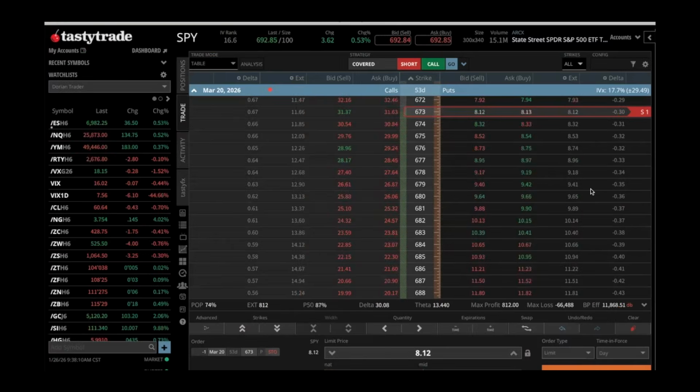You have to own it at 673, but your cost basis is going to be 664. So you don't technically start losing until it drops around 664, but you have to buy it at 673. If it doesn't drop below 673, you're going to be able to keep over $800. Just say $800 here over this 53-day time frame. You're going to be able to keep that $800.